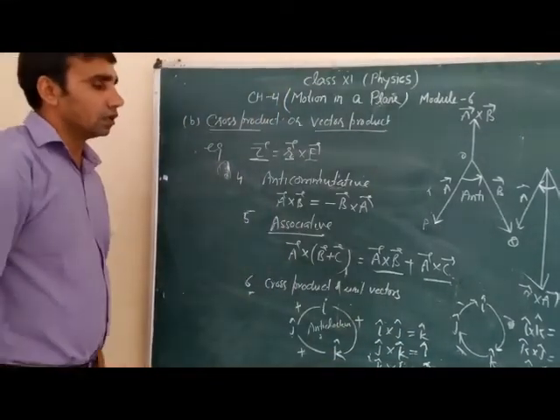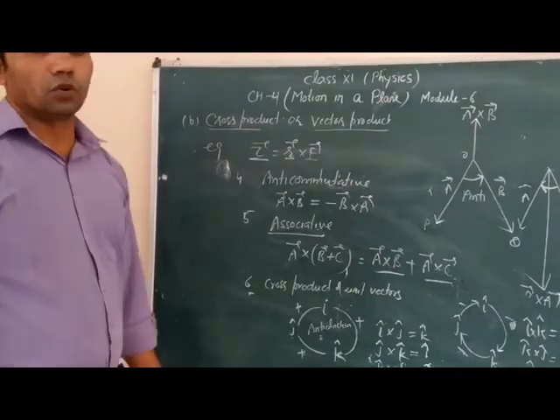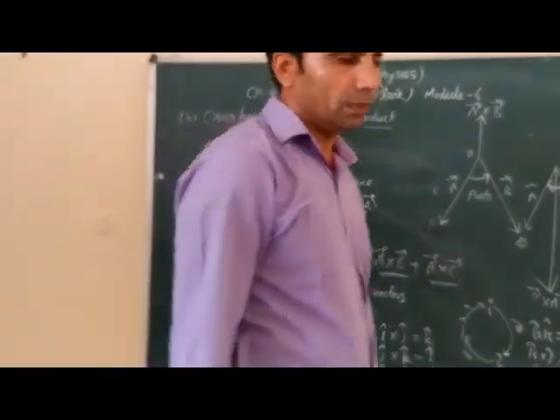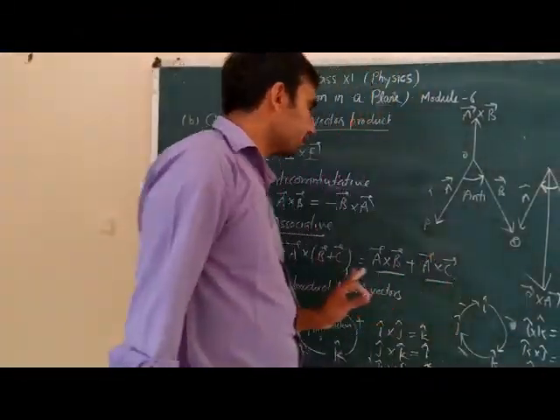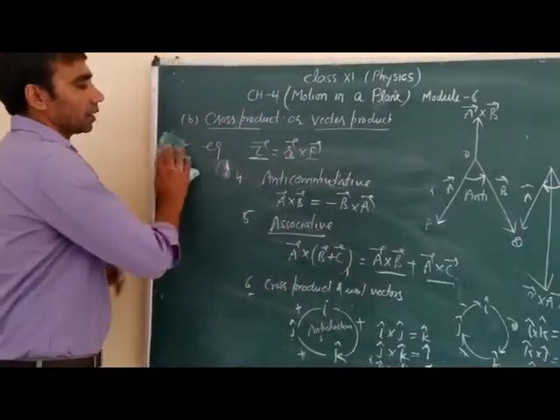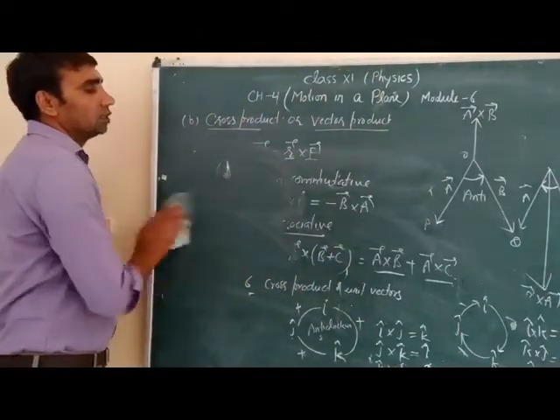This is the multiplication of vectors. Now we find the multiplication in Cartesian coordinates.